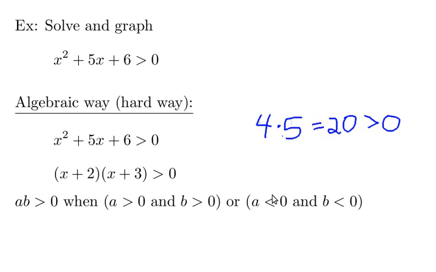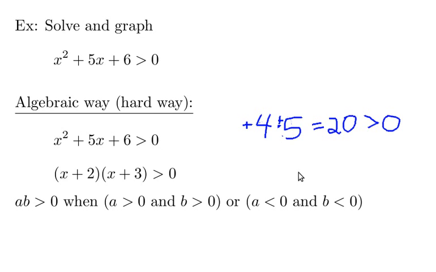If you have two negative numbers, negative 4 times negative 5 will give you again positive 20 because the two negatives cancel each other out. So if a and b are both greater than 0 or both less than 0, then a times b will be greater than 0.